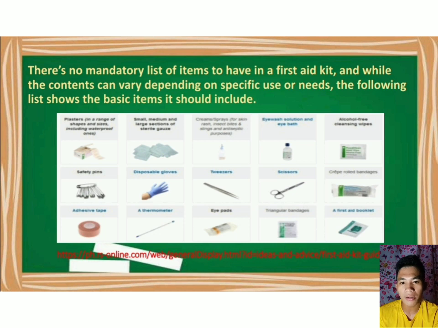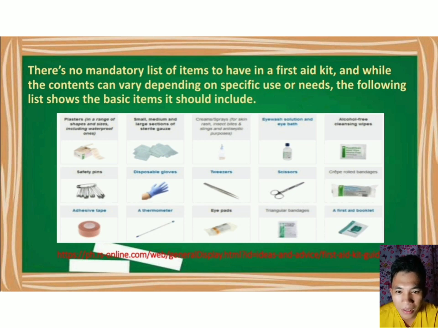There's no mandatory list of items to have in a first aid kit. While the contents can vary depending on specific use or needs, the following list shows the basic items it should include, no? Naa diha ang plasters, small plasters in a range of shapes and sizes, including waterproof ones.